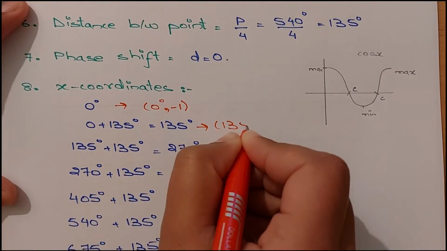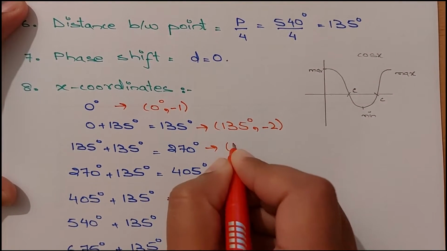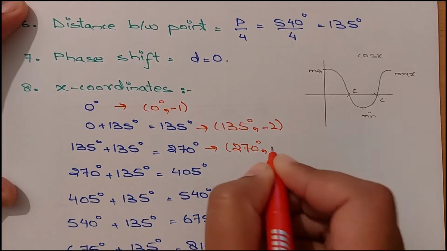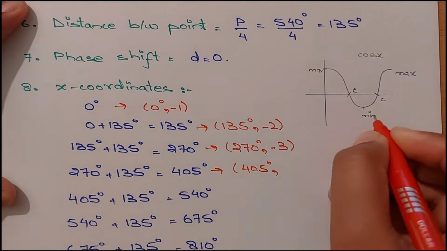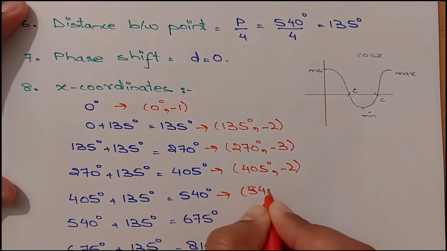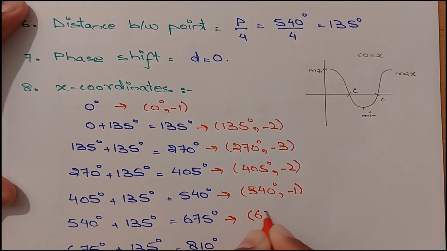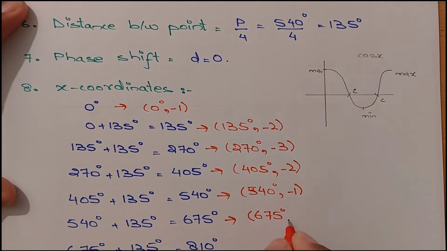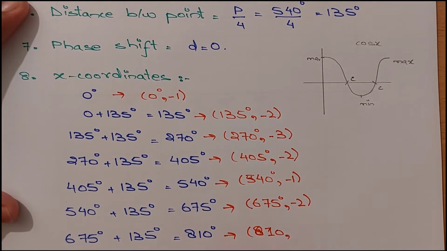Here we have 135 degrees and the equation of the axis, that is minus 2. Then 270 degrees and the minimum point minus 3. 405 degrees and again the axis, minus 2. 540, and the maximum point is minus 1. Then 675 degrees, and again it goes to the axis, minus 2, and then 810, the minimum point, minus 3.